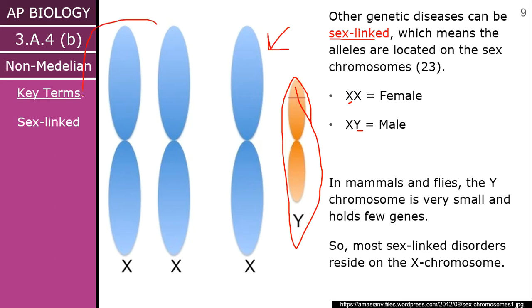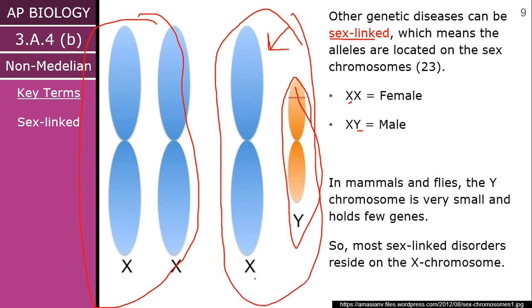Remember that this individual on the left is a female because she has 2 X chromosomes. This individual on the right would be a male because they have 1 X and 1 Y. So if I were to look at this first X chromosome, this little area right here, that's a gene. And that gene says color.